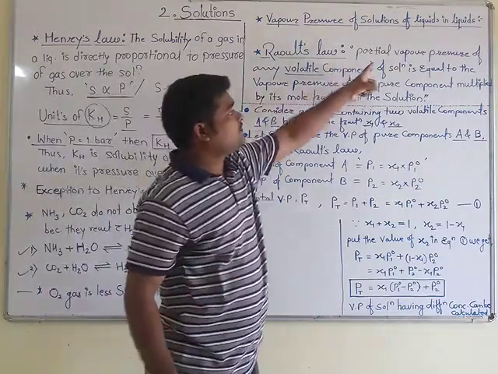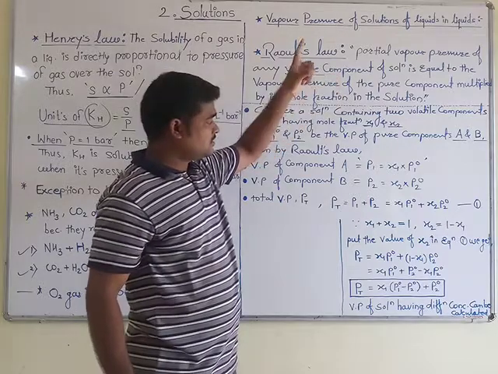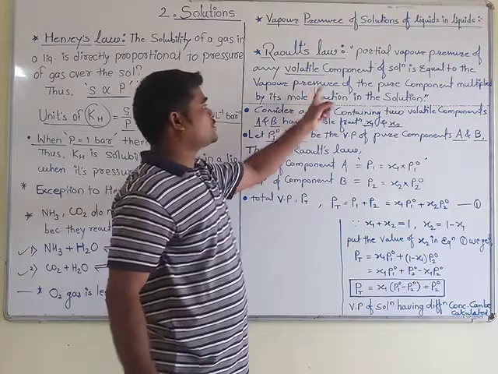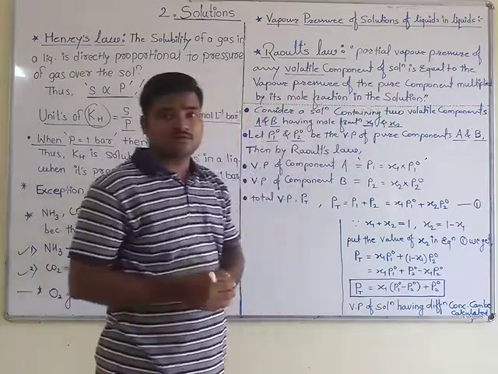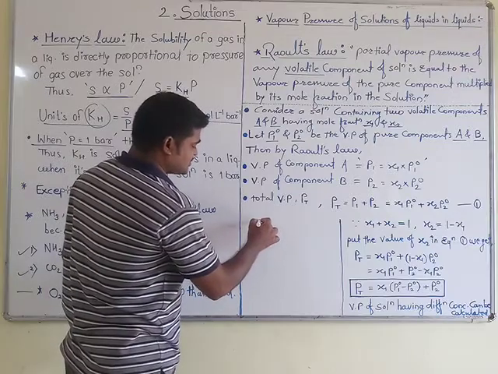The partial vapor pressure of any volatile component of a solution is equal to the vapor pressure of the pure component. The vapor pressure of the pure component we denote with this term.